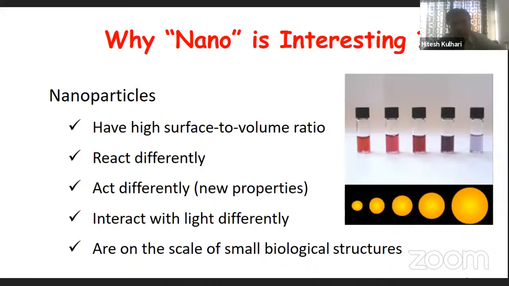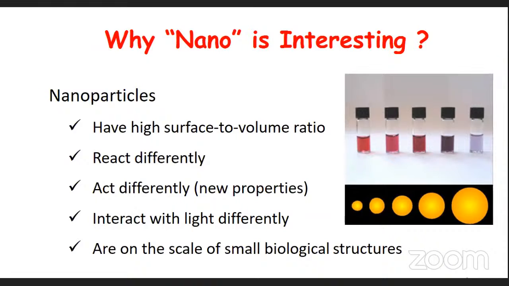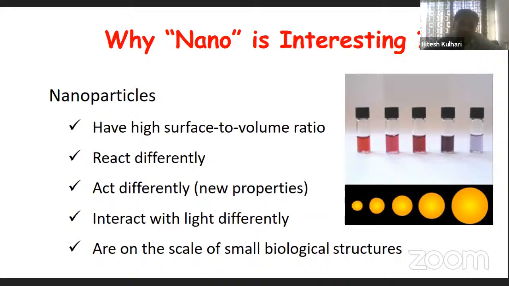It is because nanoparticles have a high surface-to-volume ratio. If you take a thing in micrometer or millimeter size, and take the same thing in nanostructure form, these particles have totally different properties, and those different properties are because of their high surface-to-volume ratio.